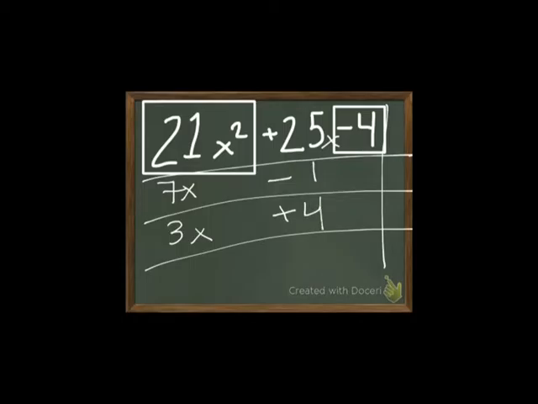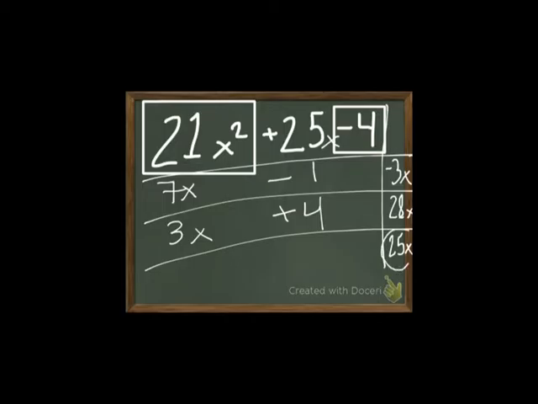Then we need to cross multiply: 7x times 4 gives you 28x, and then 3x times negative 1 gives you negative 3x. Then we need to add negative 3x and 28x, which gives us 25x.